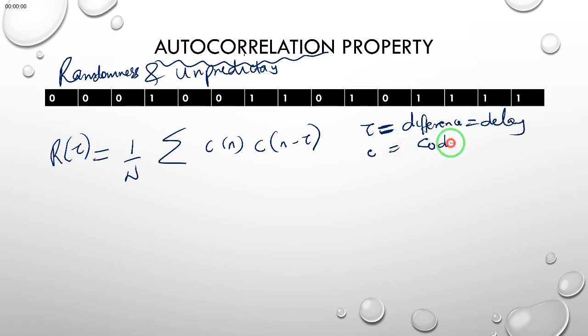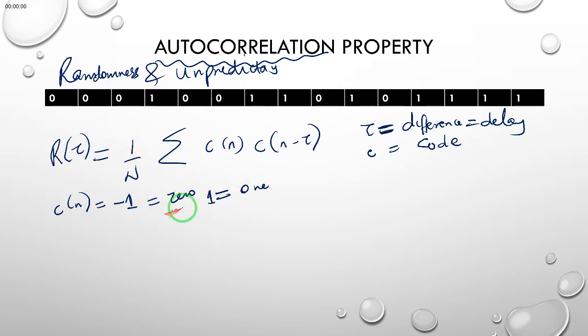C is our code, and our code is going to be generated as follows. When we observe, we want to find our C of n. C of n is defined as follows: when we have a 0, we encode it with a -1, and when we have a 1, we encode it with a +1. So here we have a series of zeros and ones, but we don't want to use those zeros and ones.